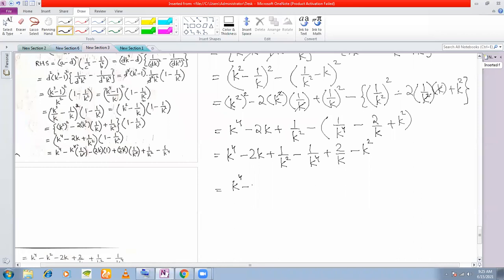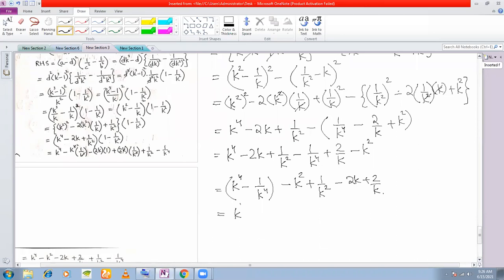Okay, the power 4 terms you take together. You get k to the power of 4 minus 1 by k to the power of 4. The power 2 terms you take together. So you get minus k square plus 1 by k square. I'm not introducing brackets because if I introduce brackets, I will have to change the sign. And the last one is minus 2k plus 2 by k.